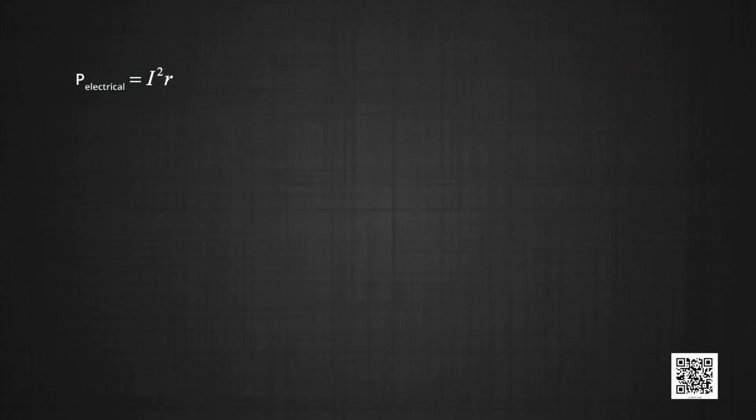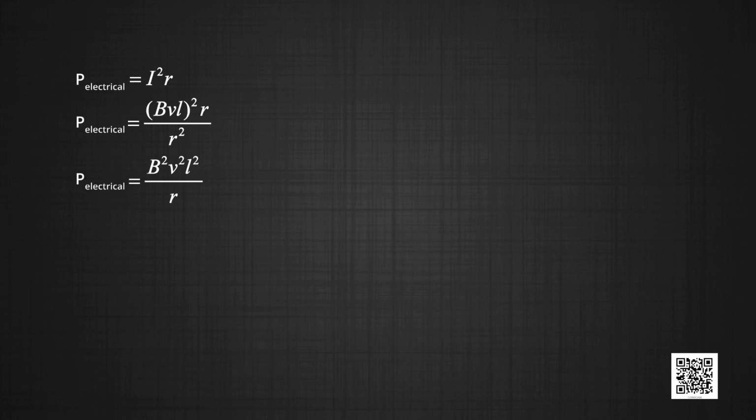The electrical power, mind you, is equal to I square R, which will be equal to BVL whole square upon R square into R. So, this electrical power which will be given to the resistor is equal to B square V square L square by R.